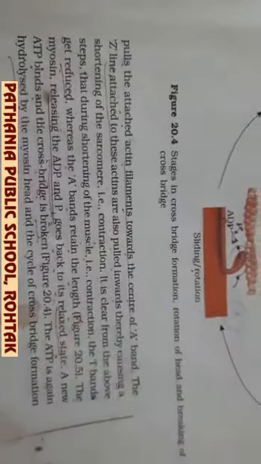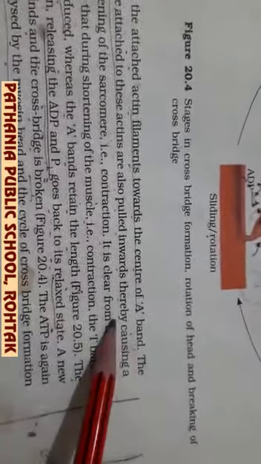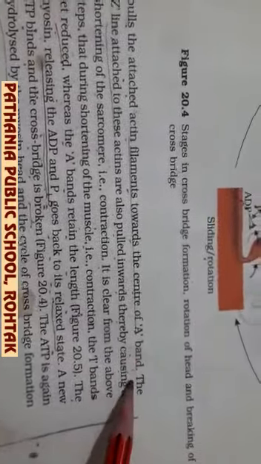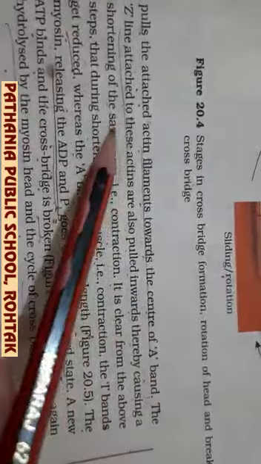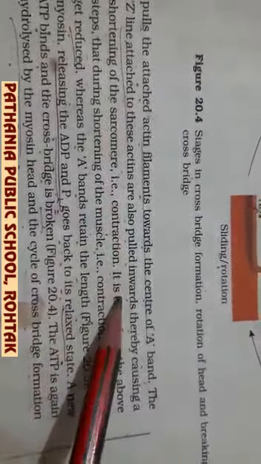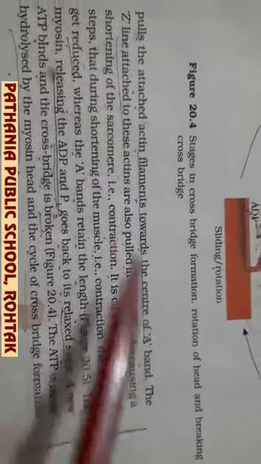The actin filaments will be pulled towards the center of the A band, that means the myosin filament. The Z line attached to these actin filaments is also pulled inwards, thereby causing the shortening of the sarcomere.